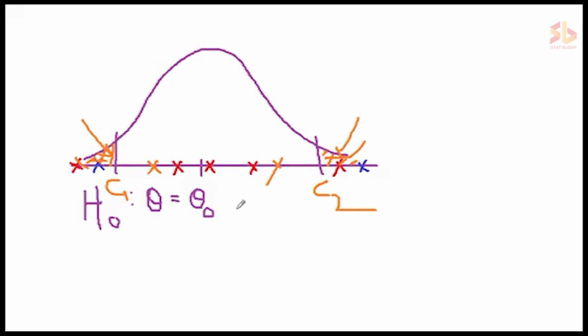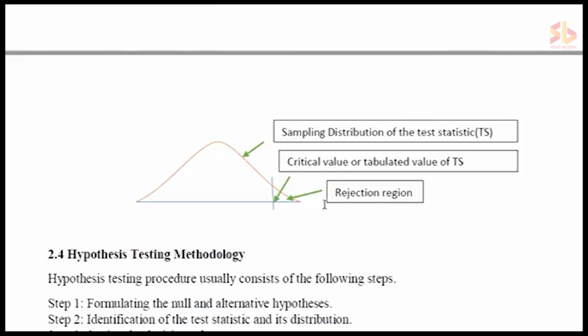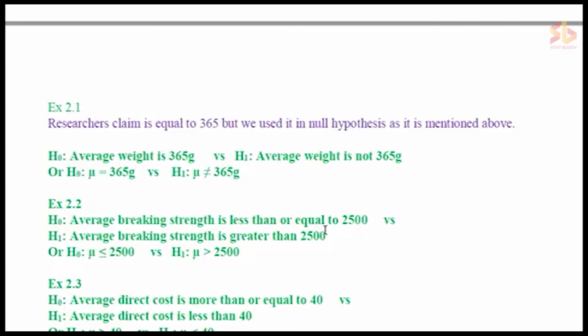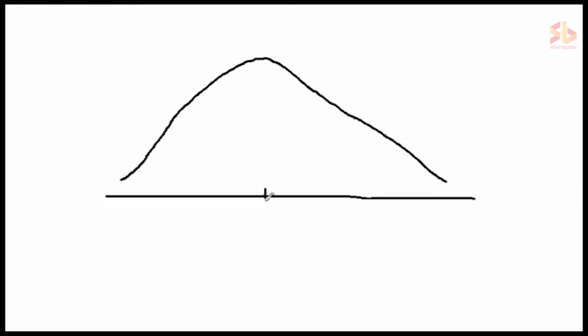So though they are not exactly equal to theta naught, we can still conclude that theta is equal to theta naught. For an example, going back to the average case, suppose this is the sample distribution of averages, and we say that it is 368.